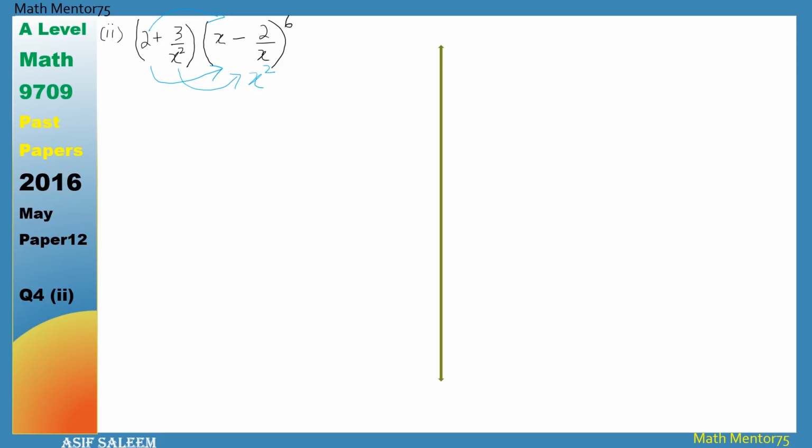We know from the previous working that the formula for this expression is 6Cr x, minus 2 over x, it's r and 6 minus r, and x power in terms of r is 6 minus 2r. This is the working we have done in the previous part.